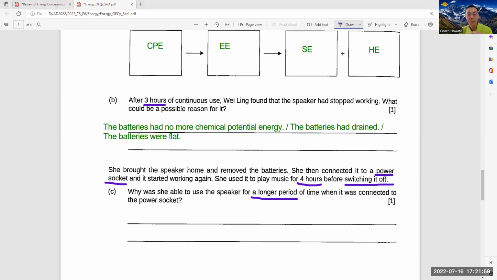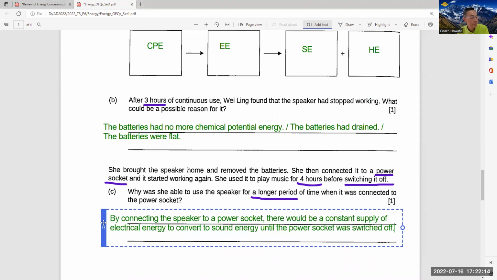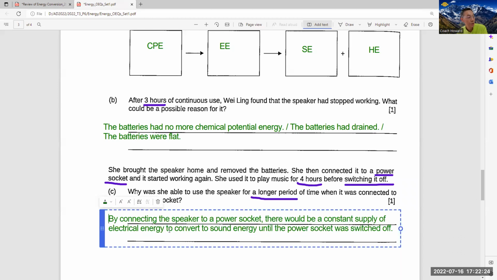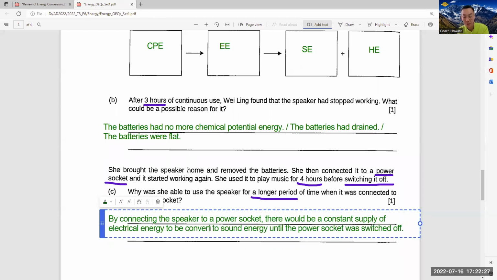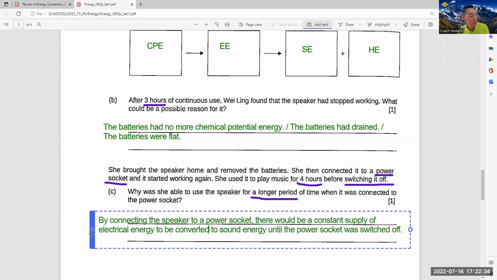So you must mention that by connecting the speaker to the power socket, there will be a constant or continuous supply of electrical energy to be converted to sound energy until the power socket was switched off.